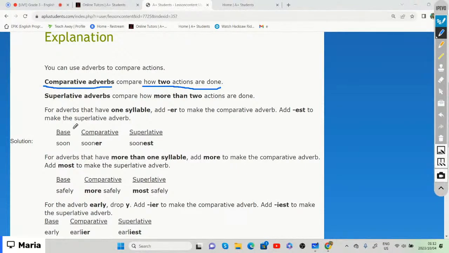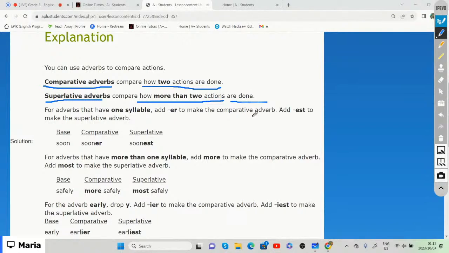And a superlative adverb compares how more than two actions are done. And we said that for adverbs that have one syllable, for example, fast is one syllable, right?